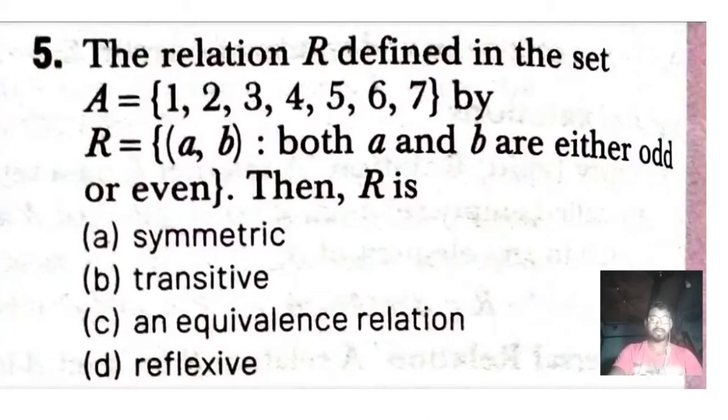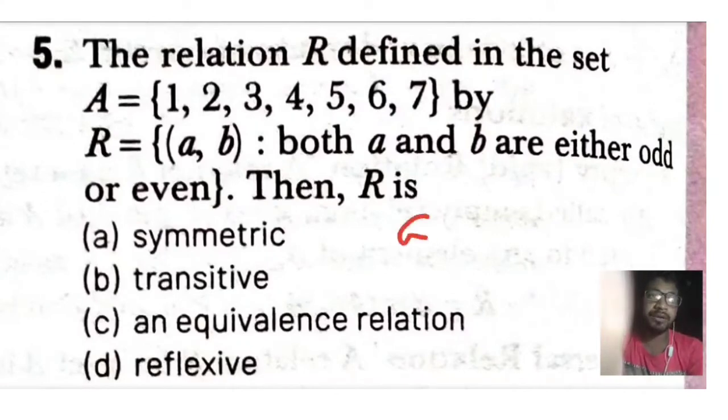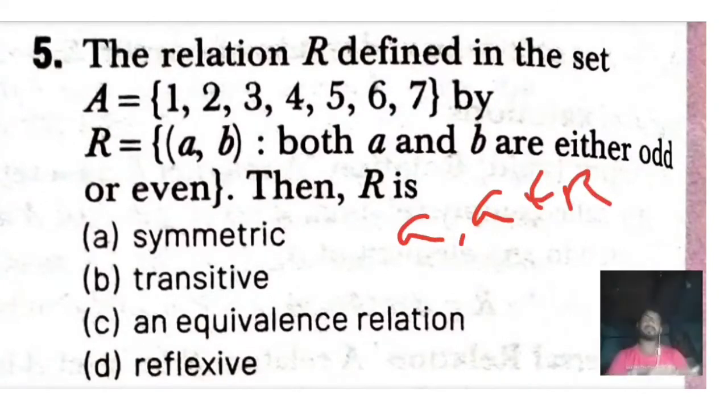Take any element a. In (a, a), both a and a are either odd or even. So (a, a) belongs to R. Okay.